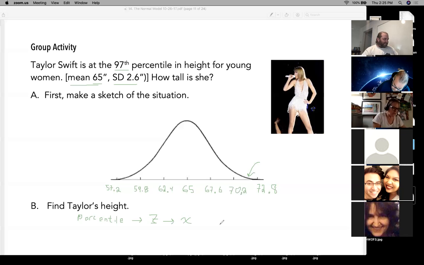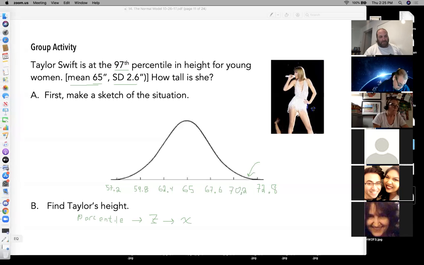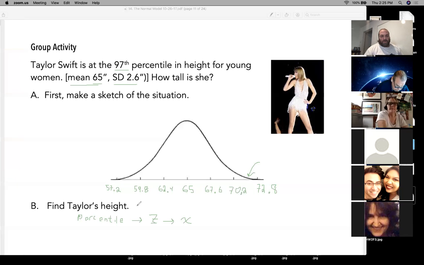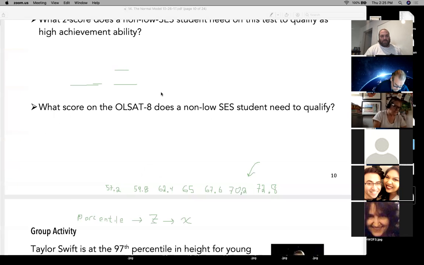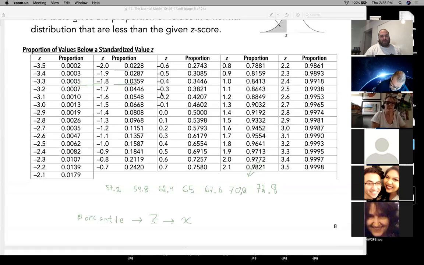All right, so the first one, I forgot. Well, let's go to the chart. She's in the 97th percentile, right?